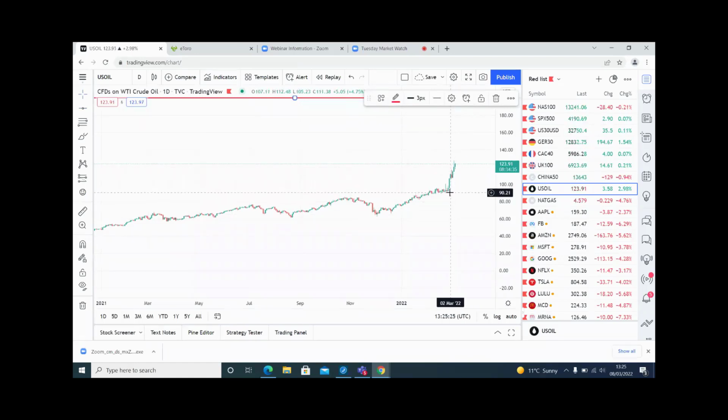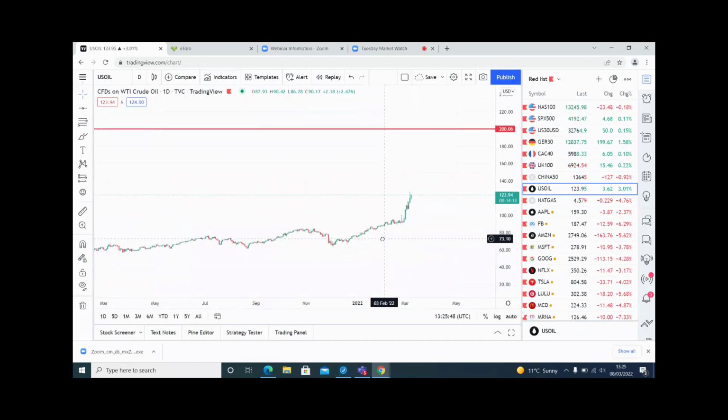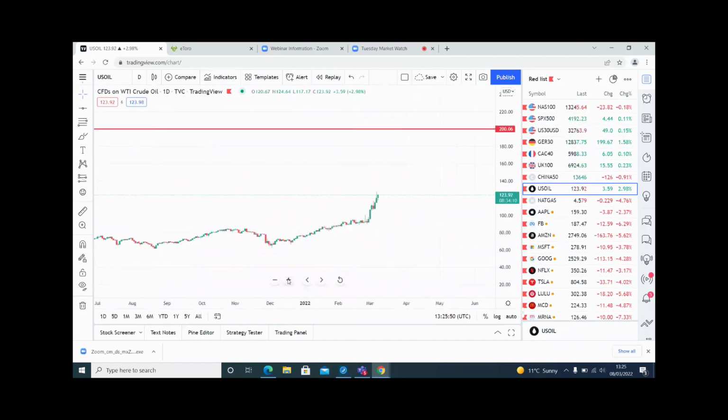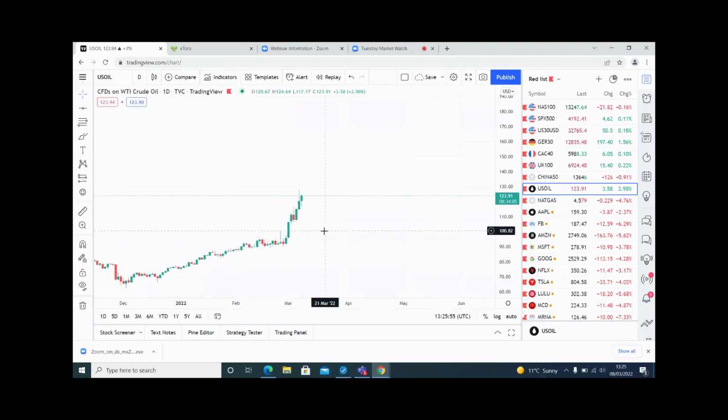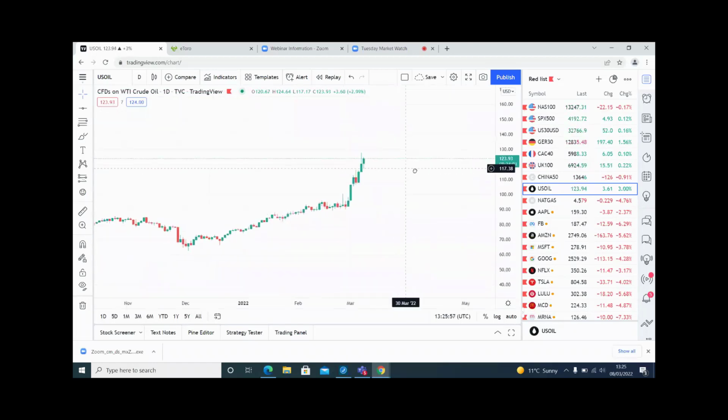We've gone from $90 a barrel to $120. So in 7 days, we've moved $30. If this continues, there's no stopping it, is there? There's no stopping it at the minute. It's just one of these things that is going to continue running. Now, where the end of this is, no one absolutely knows.